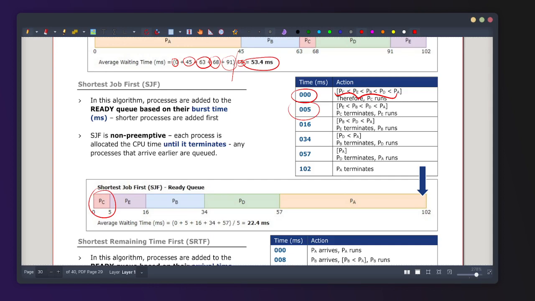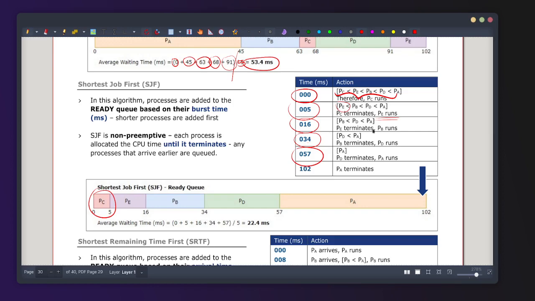And then what's remaining is PE, PB, PD and PA. Process E is the next shortest, so process E executes. Likewise, process B would execute next because it's the next shortest. And then process D would execute. And then finally, process A would execute. So it's sort of like a cashier that looks at all the people in the queue, takes the person that has the smallest number of items first, and leaves the person that has 100 odd items last.